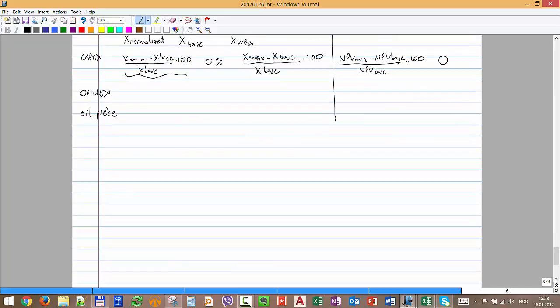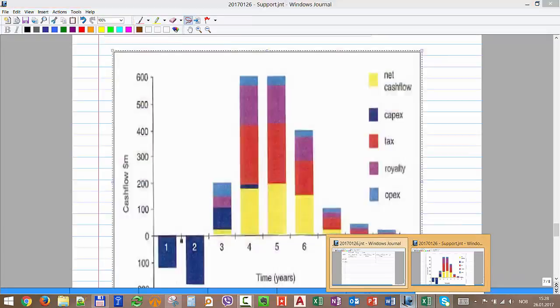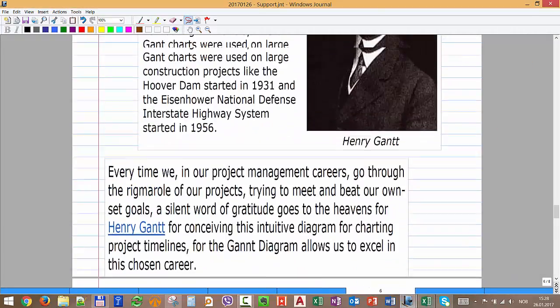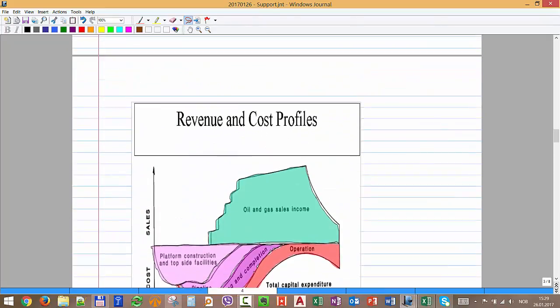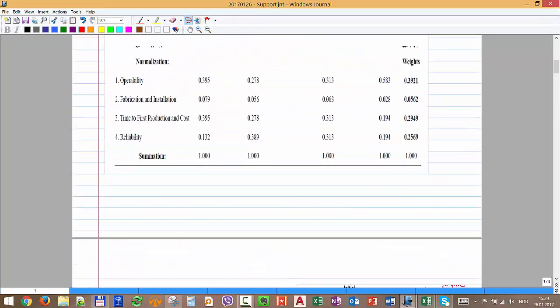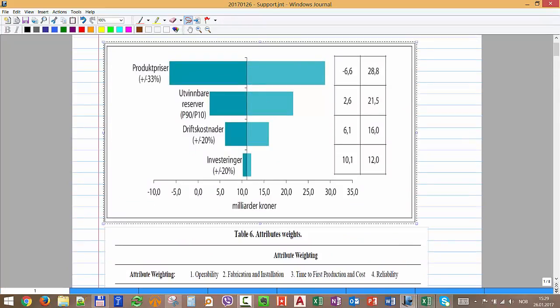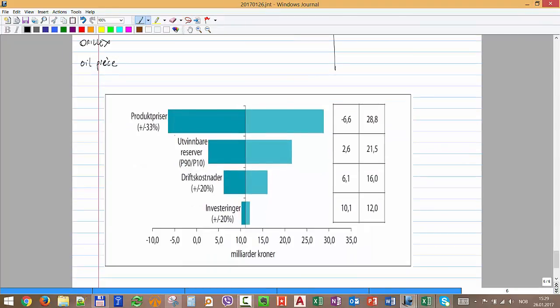And then I make a plot. I might use two types of plot. One of them, and I took this from one PDO, that's a tornado chart.